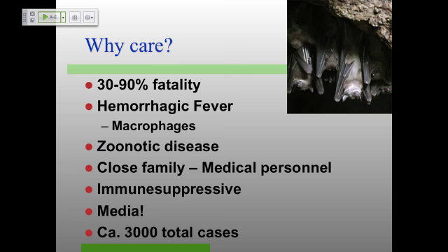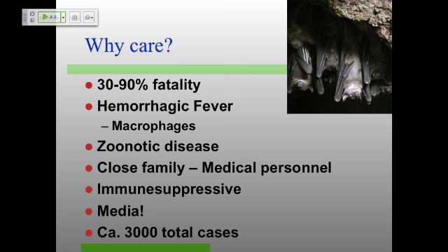That being said, even with looking at those samples, it turns out it's still very difficult to get infected by one of these viruses, even in the presence. And so probably in going and looking at the bats, the virus numbers there are very, very low. And so the risk is actually not that high. And we know this because if you look at disease, it's almost always very close family and medical personnel who end up getting infected by these diseases.